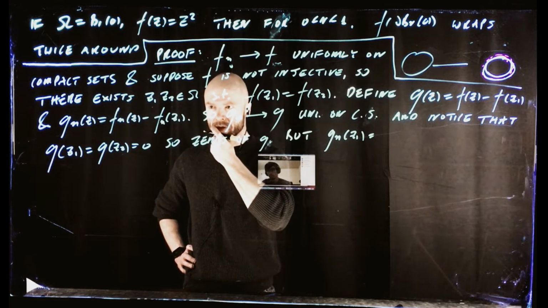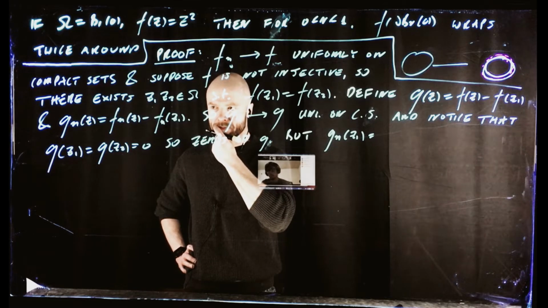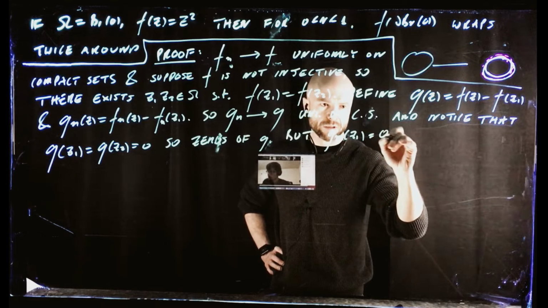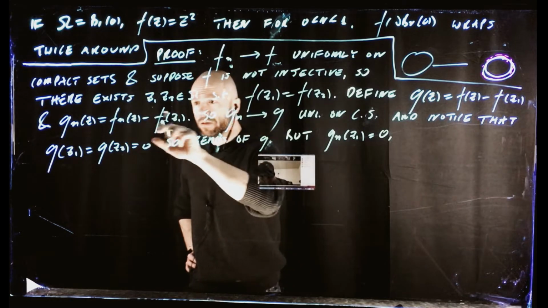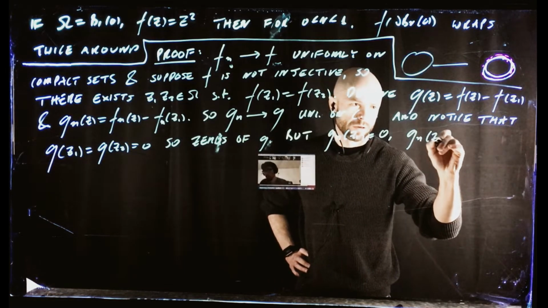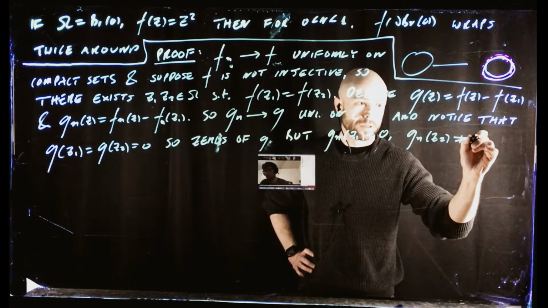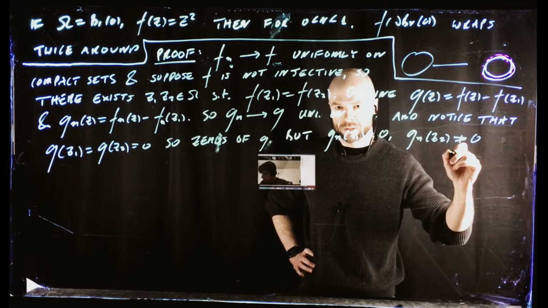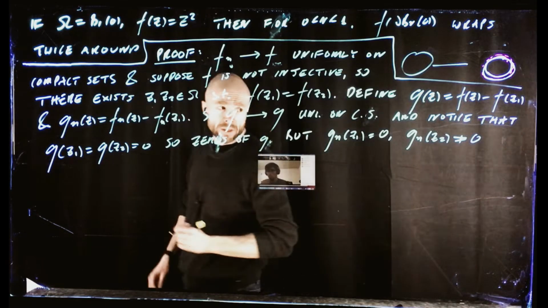Yep, that looks better. So gn of z1 is indeed equal to 0, but the fn are all injective functions. So gn of z2 is not a 0, right? Gn of z2 is definitely not a 0.